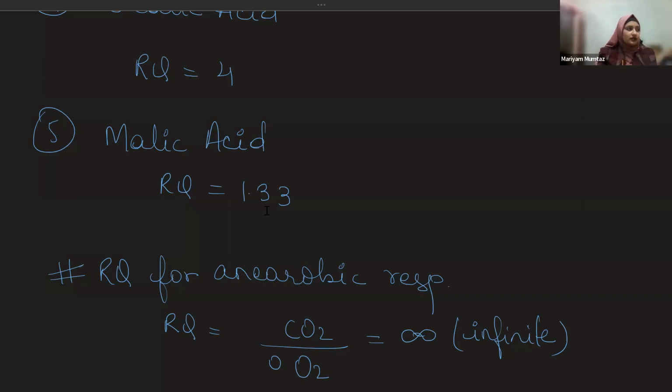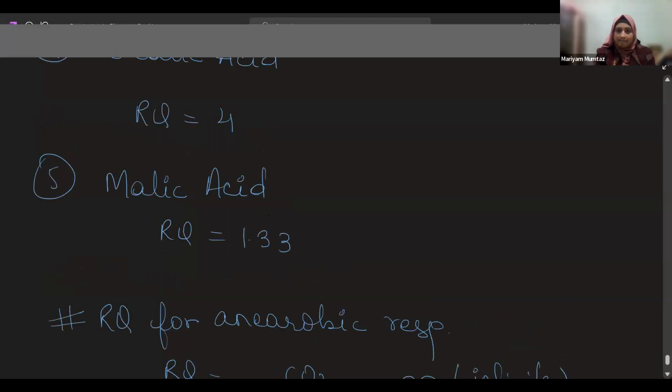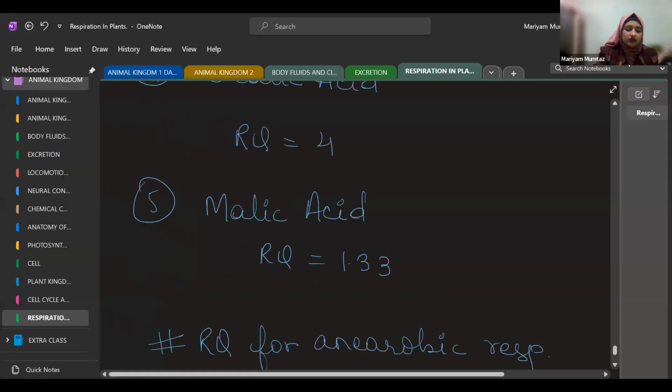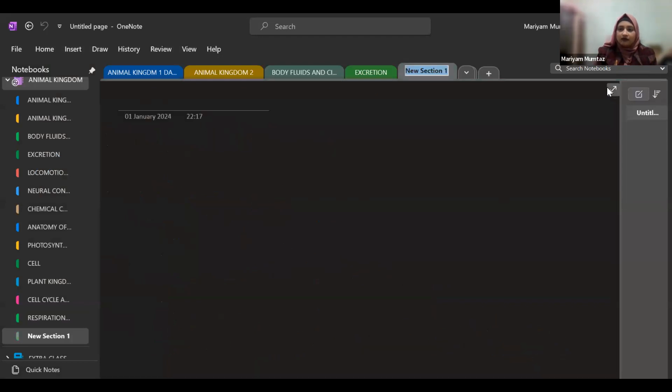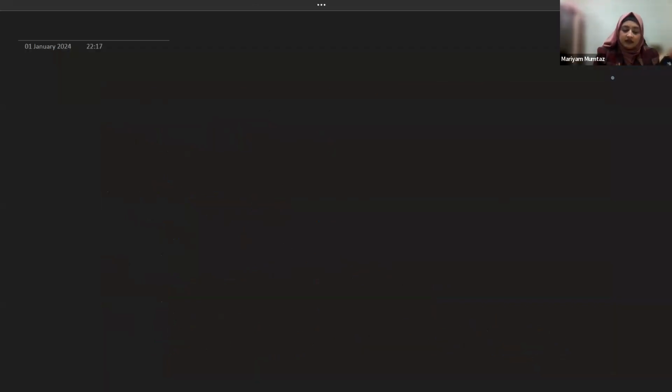Now we're going to start the new chapter, that is plant growth and development. When we talk about plant growth and development, we'll have to see what type of things are involved in the process of plant growth.